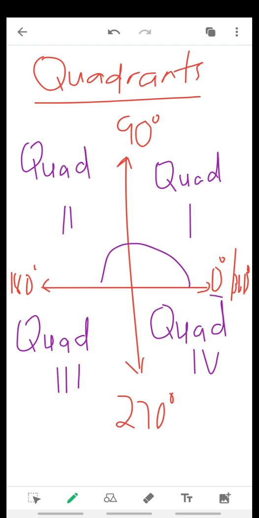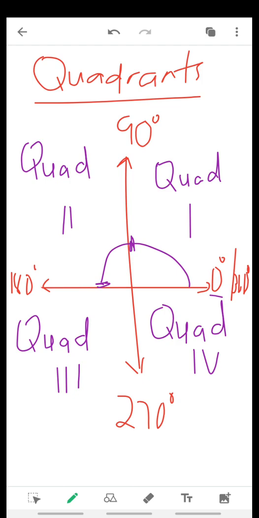Then as you move on, at this point you are getting 90 degrees. Then where the protractor ends, which is this point here, you are getting 180 degrees, okay? But if you now put another protractor, it will give you a full 360 degrees, and we call that a revolution most of the time, okay?